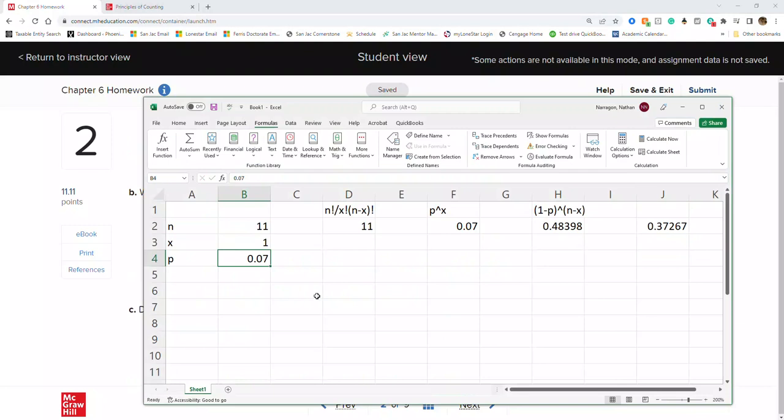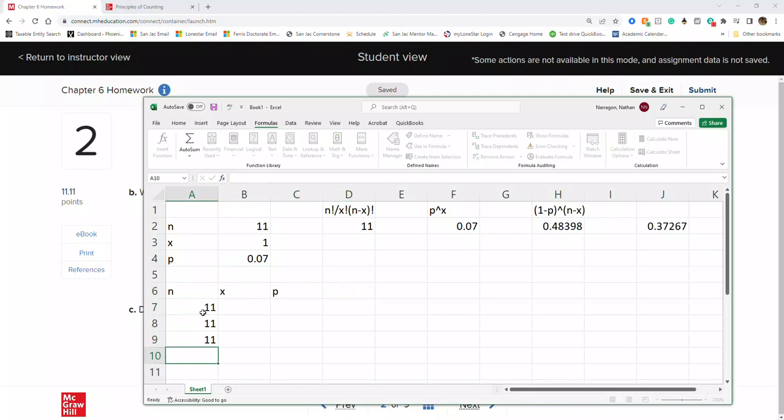Since I need multiple values later on, let's do it this way: N, X, P. N is a constant right now, so it's just 11. For X, we have 0, 1, 2. And of course, our probability percentage is the same.